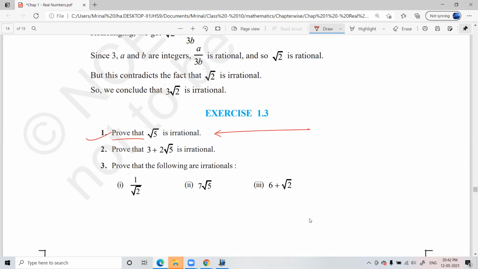So prove that root 5 is irrational. Which process will be used for this kind of problem, root 5? Sir, by squaring on both sides. Yes, just like we used for root 2 and root 3.